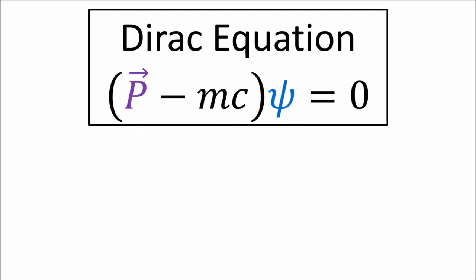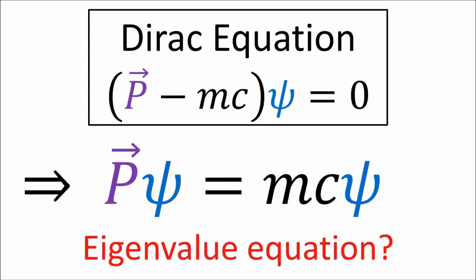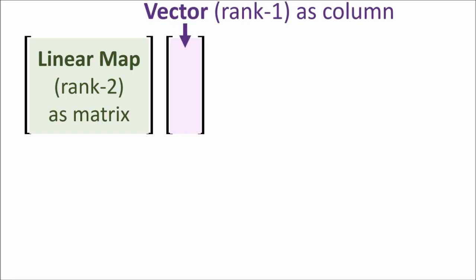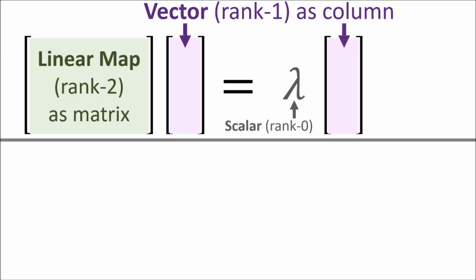If we move the mass term to the other side of the equation, we see the Dirac equation resembles an eigenvalue equation. We normally think of eigenvalue equations as having a rank 2 linear map matrix acting on a rank 1 column vector to produce a rank 0 scalar eigenvalue.